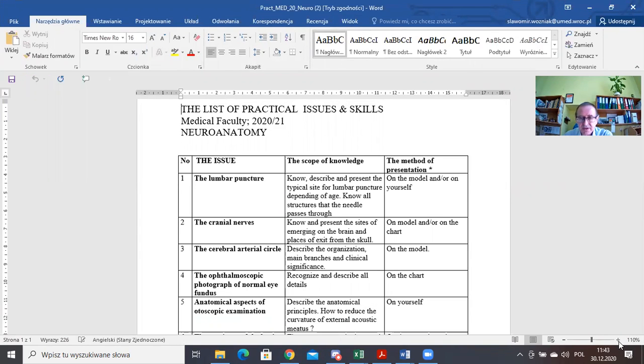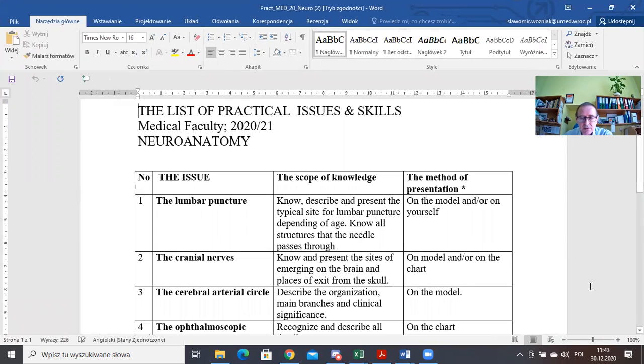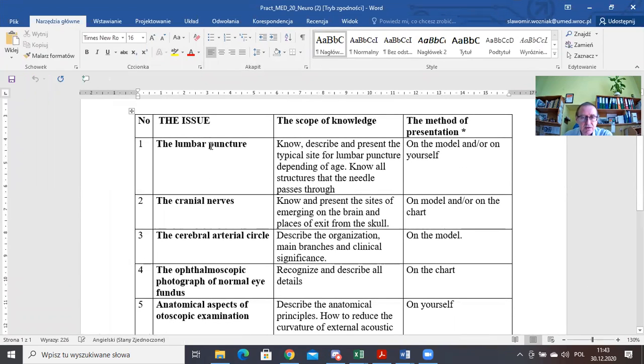Here you've got the practical issues and skills. And the first one, we've got the lumbar puncture. You have to describe and present the typical site of lumbar puncture, all structures on the model and or on yourself.